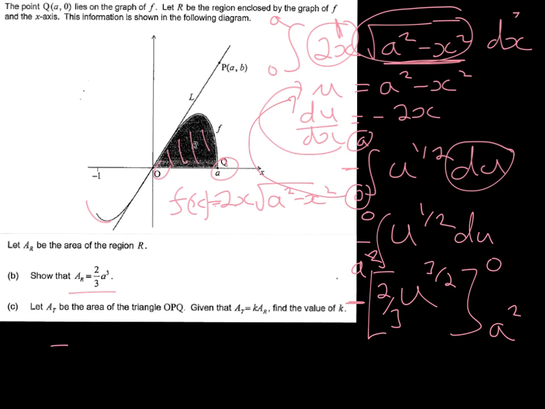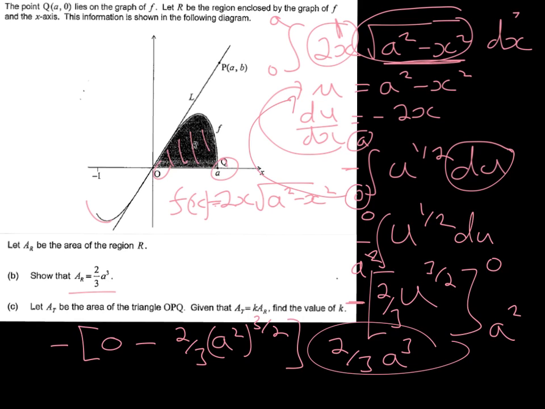So that's going to be, if we substitute in 0, 0 minus 2/3 (a²) to the power 3 over 2. And we should see here that this will cancel out, so we'll end up with negative, negative, or just positive 2/3 a cubed, which is what we are asked to show here.